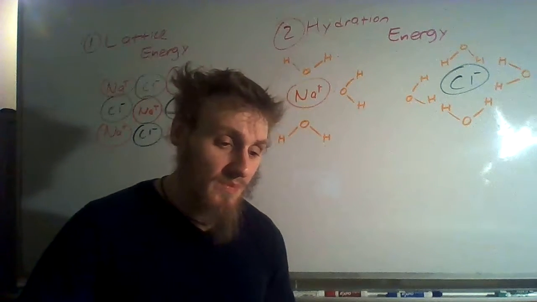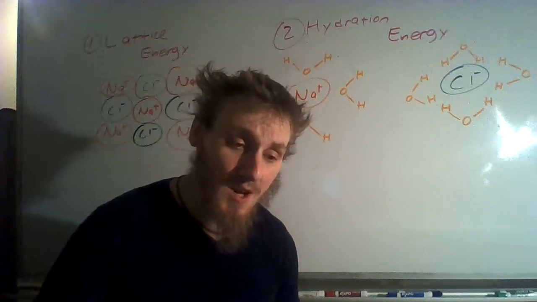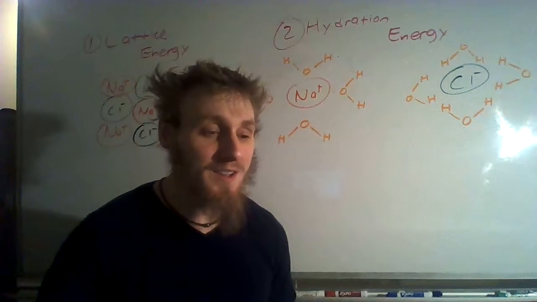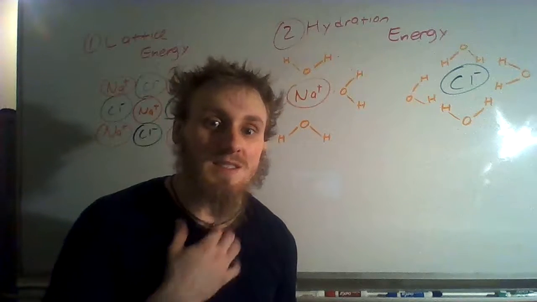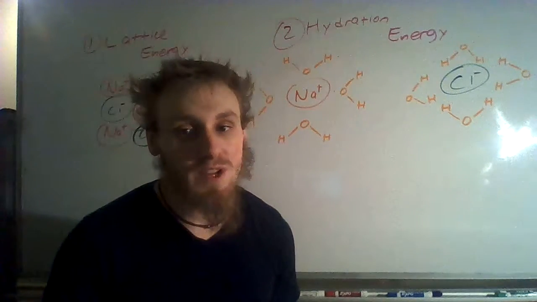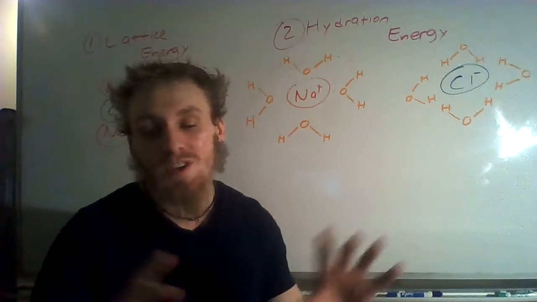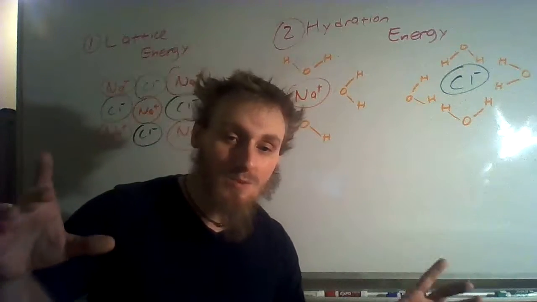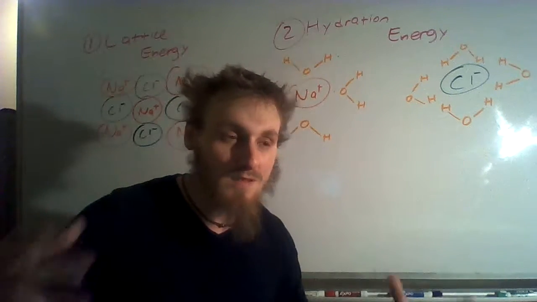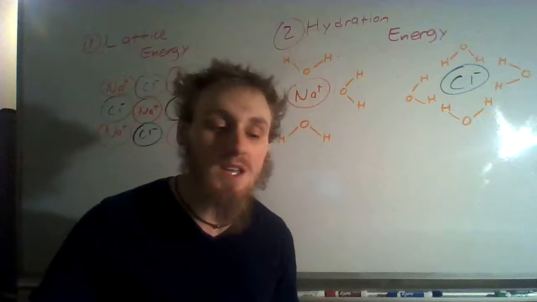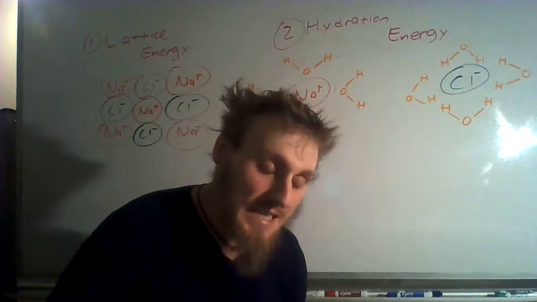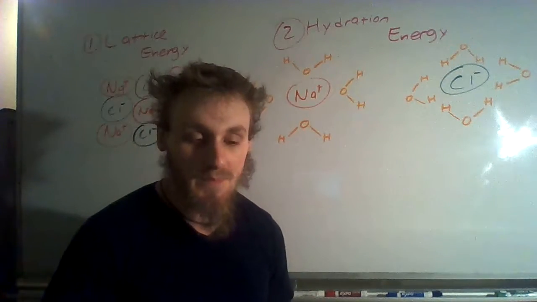Now, what is lattice energy? Again, you could probably find a more clear and concise definition online, although oftentimes when I look at these definitions, they're ridiculous. They use all these big, crazy words, and it makes it even harder to understand what they're trying to explain. So basically, lattice energy is this.